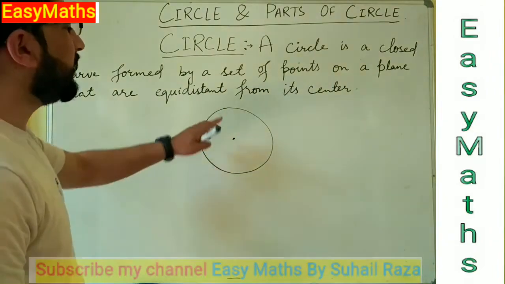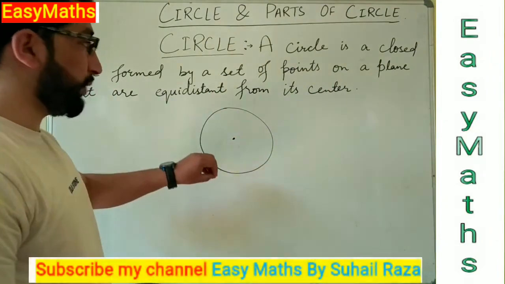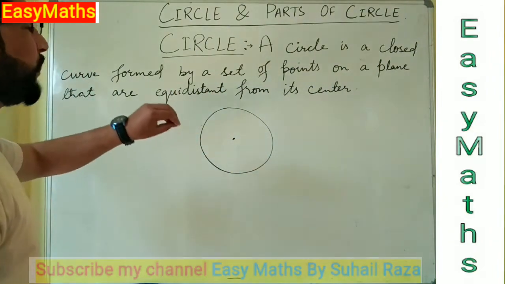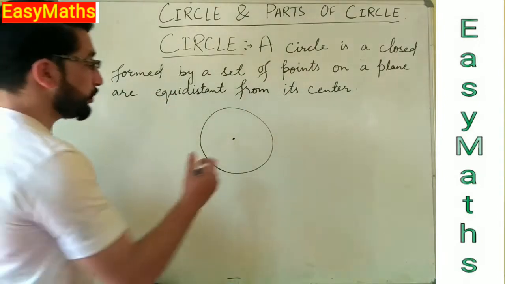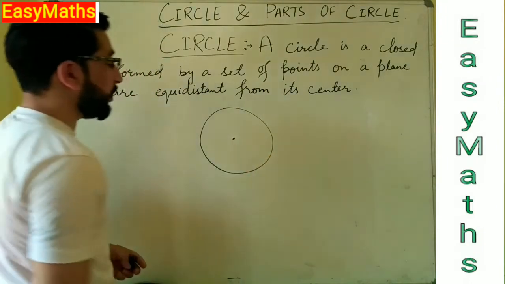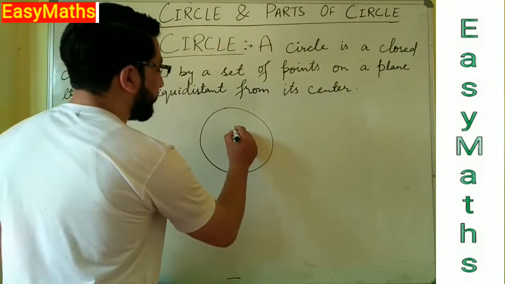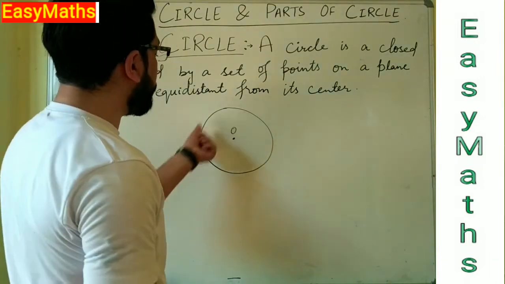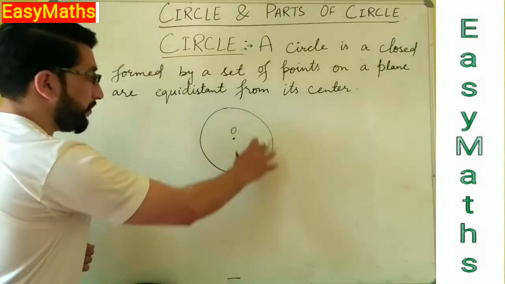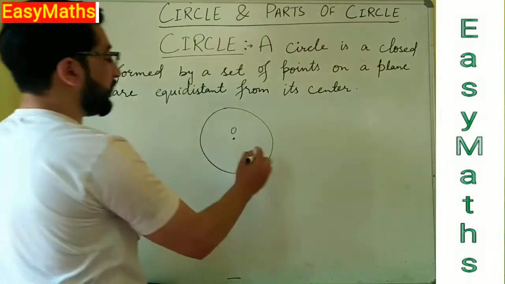Now the circle is a rounded figure formed by a set of points that are equidistant from its center. The center of a circle we usually denote with O. The distance from the center to the boundary of the circle in every direction is equal.